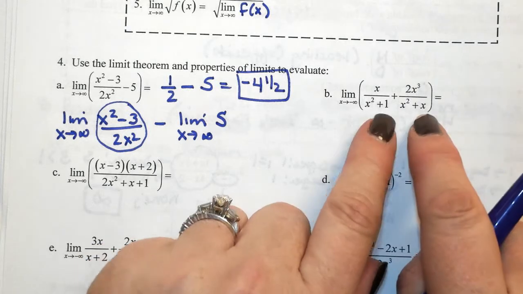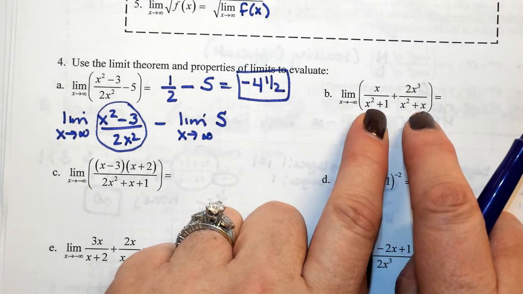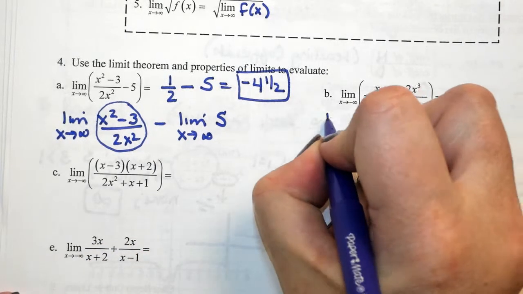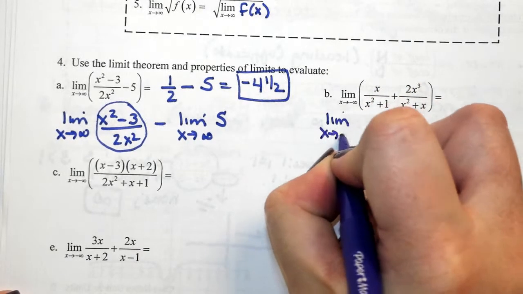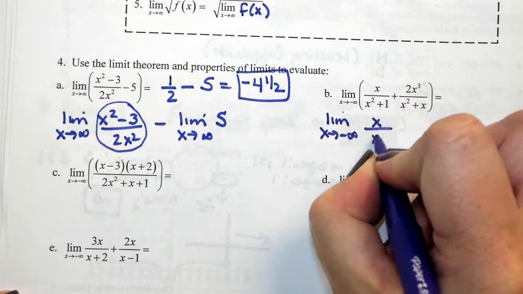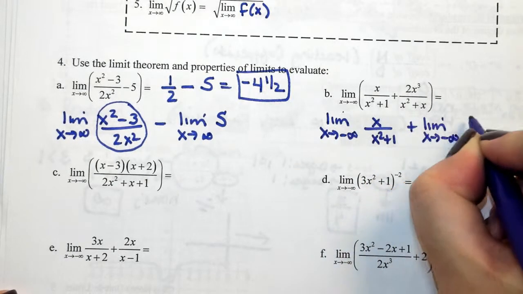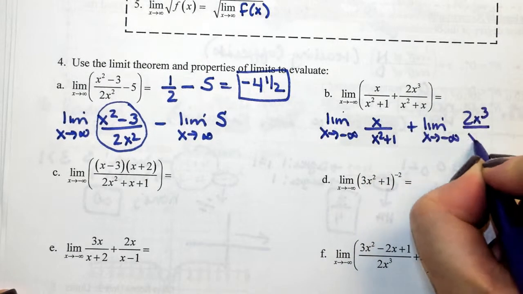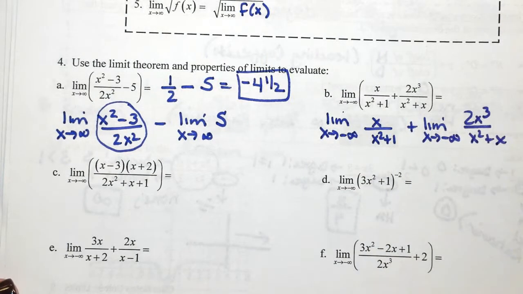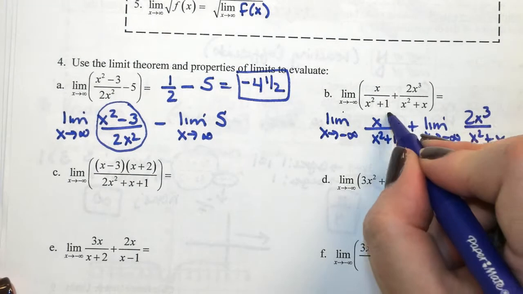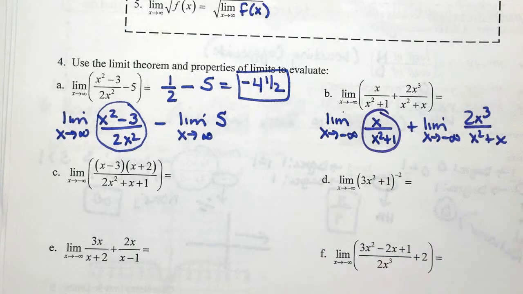Looking at B, you're trying to find the limit of a sum. Again, we can find the limit as x approaches negative infinity of x over x squared plus 1, add it to the limit as x approaches negative infinity of 2x to the third over x squared plus x. Again, we're doing the limits as x goes to infinity, so you want to find the horizontal asymptotes.